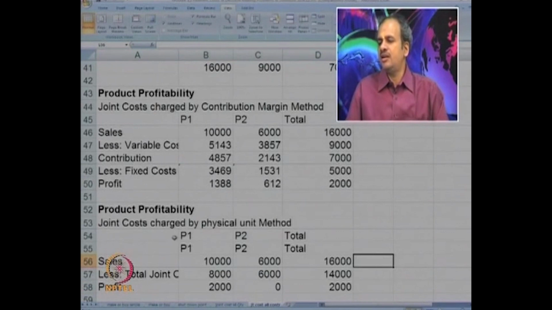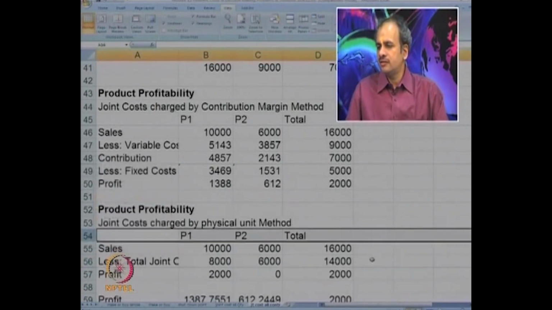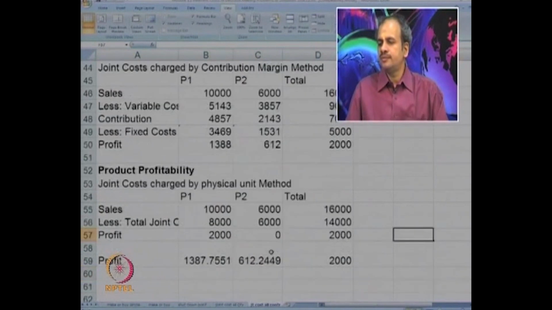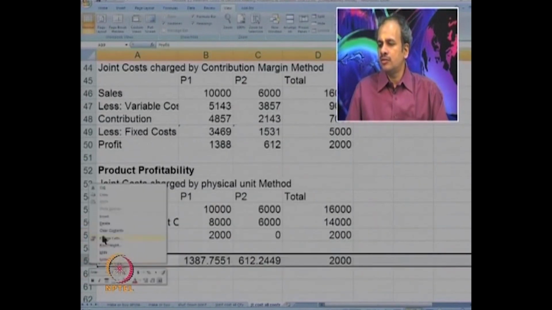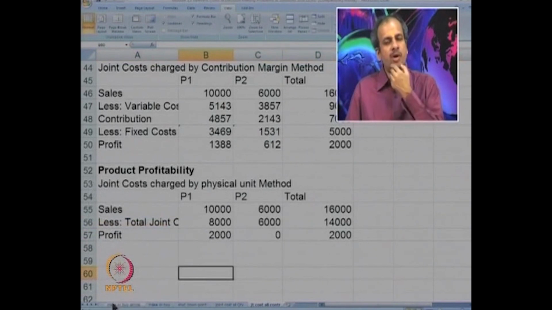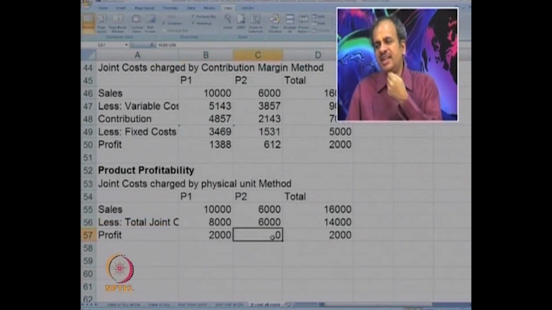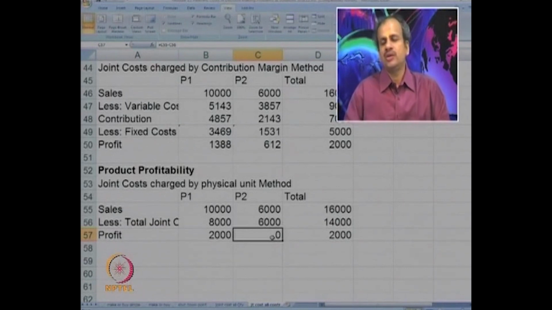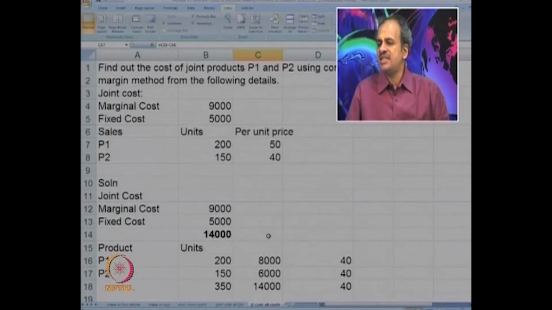Now you can see here what happens is the profit is 2,000 for P1 and nil for P2. Why did this happen? Because for P2, you can see here the selling price is much lower, it is just 40 rupees.